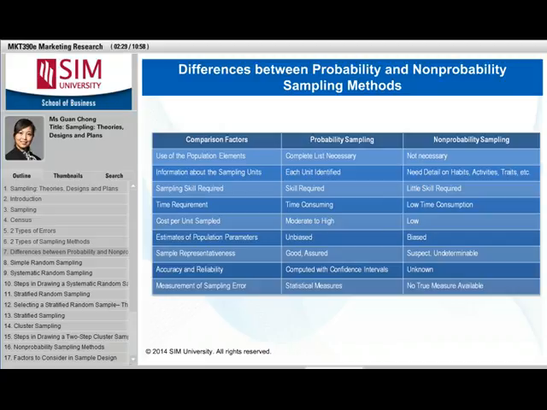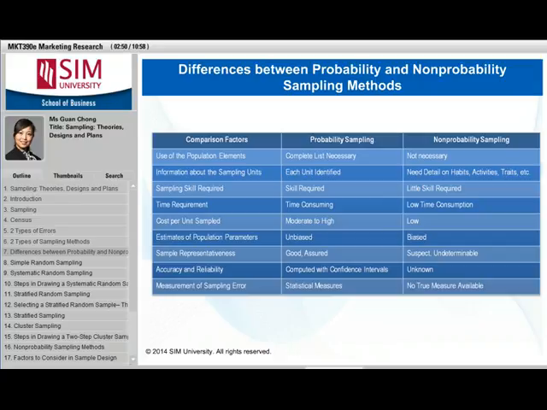There are a number of differences between probability and non-probability sampling methods. For example, in terms of the list of population elements, for probability sampling, a complete list is necessary, while for non-probability sampling, it is not necessary.